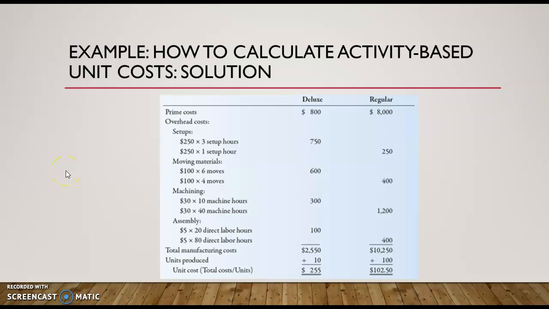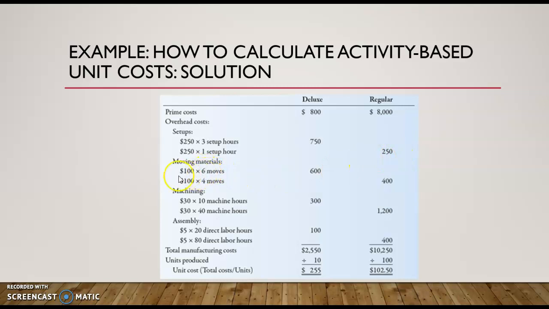So here's where it's all calculated out. So at the top, for the deluxe, is the prime cost that we know is $800. The regular prime cost, the direct materials, direct labor, of $8,000 for regular. Now for the setups, the 3 setup hours for the deluxe times 250 is $750, and 1 setup hour for regular.